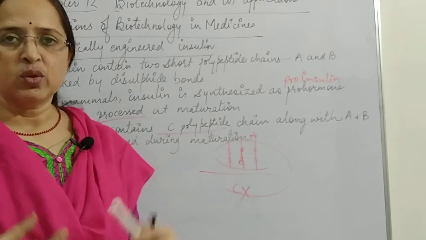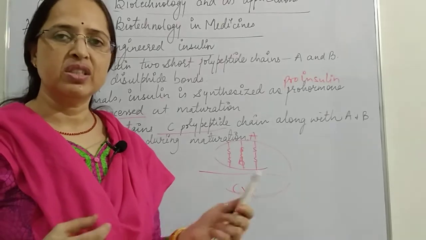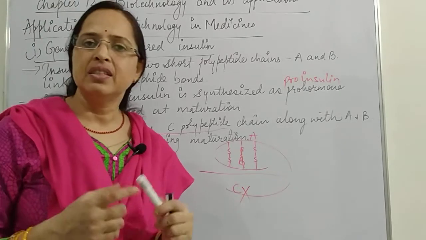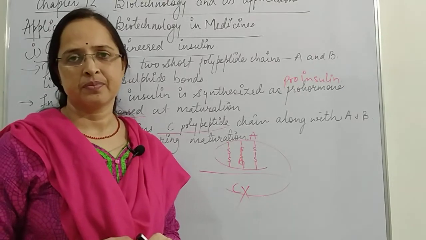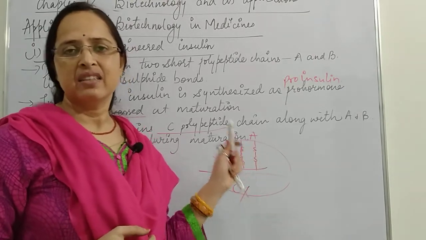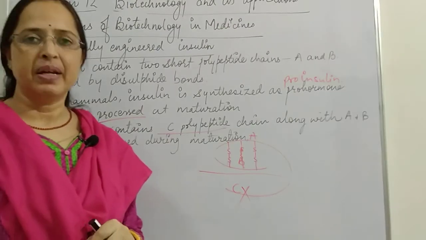Then these were isolated and allowed to form bonds, disulfide bridges, resulting in the formation of active insulin. So here we say that this is the application of biotechnology in medicine.